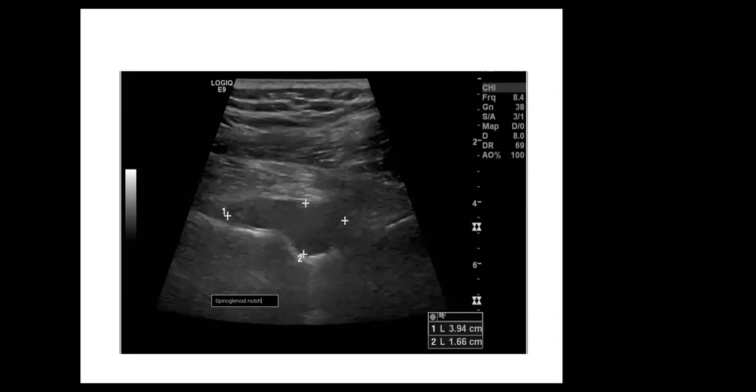Do you want to make a recommendation? Yes, I think we need to do a full scan if we have other ultrasound images or MRI images.